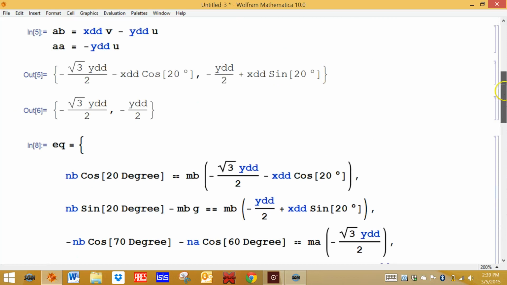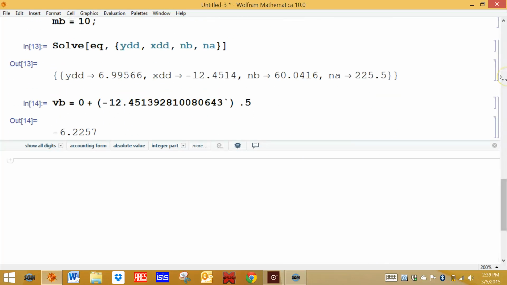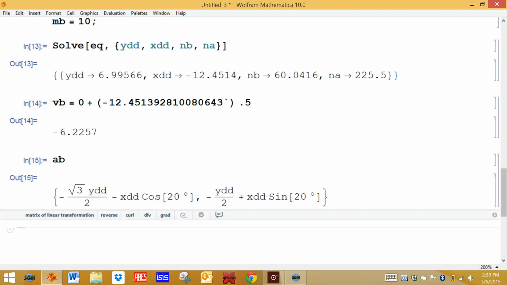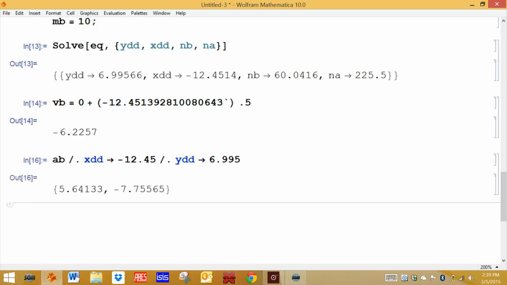Right here, acceleration of B. We'll plug in the known values: x double dot is minus 12.45, and y double dot is 6.995, and bingo.